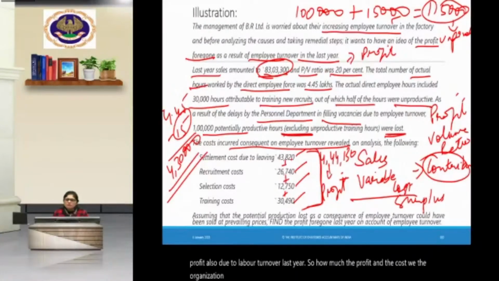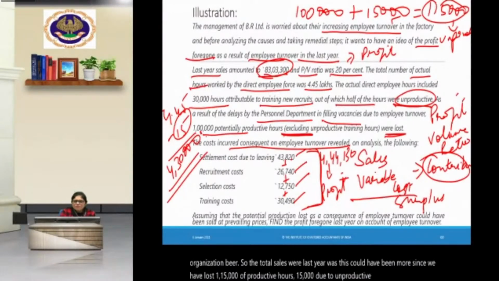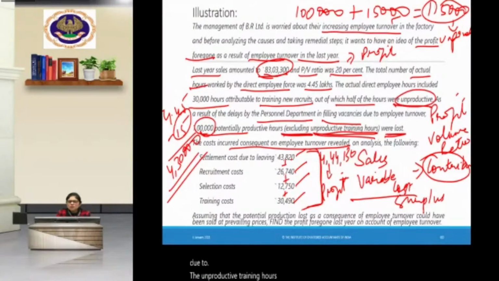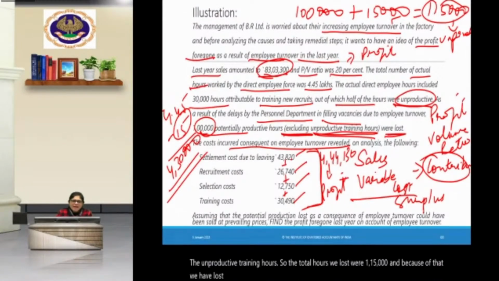So the total sales for last year was this. This could have been more. Since we have lost 1,15,000 productive hours, 15,000 due to unproductive labor hours and 1 lakh due to the unproductive training hours. So the total hours we lost were 1,15,000, and because of that we have lost sales and the profit of 4,44,000.